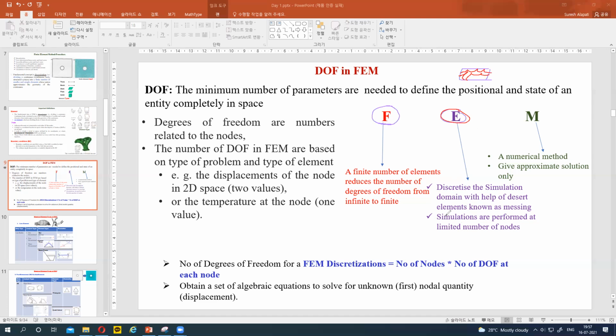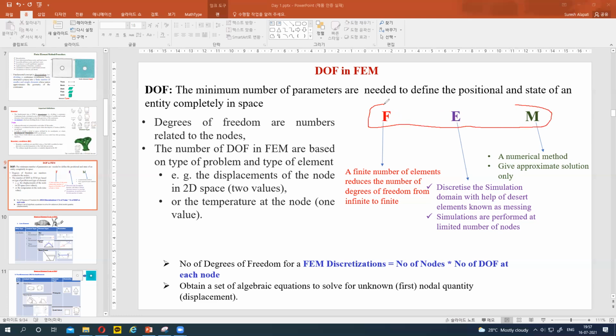Simulations are performed at a limited number of nodes instead of an infinite number of nodes. And the method is a numerical method, and as I said, a numerical method only gives an approximate solution. So that is the concept of the finite element method.